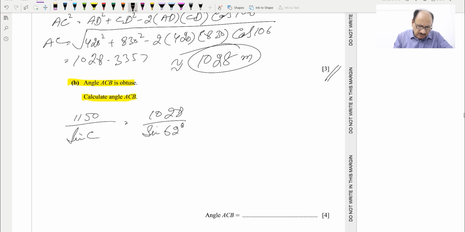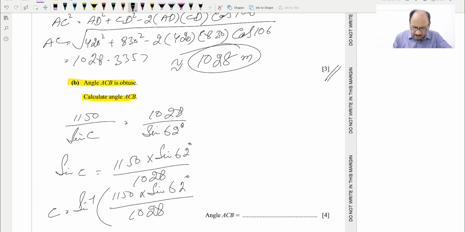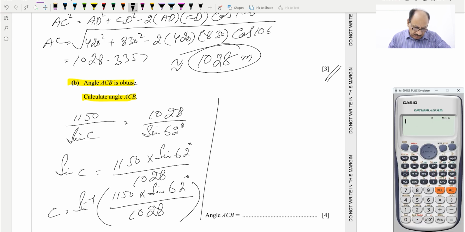Now we can write sine C will be equal to 1150 into sine of 62 over 1028, and C will be equal to sine inverse of 1150 into sine of 62 degrees divided by 1028.